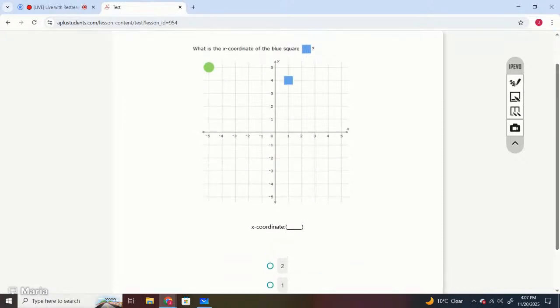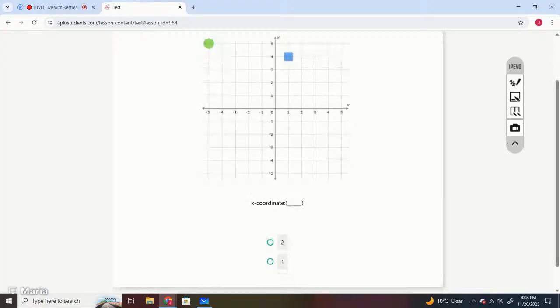What is the x coordinate of the blue square? The x coordinate of the blue square is 1. Option number 2 is the correct option.